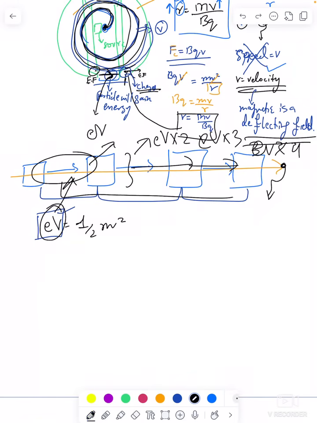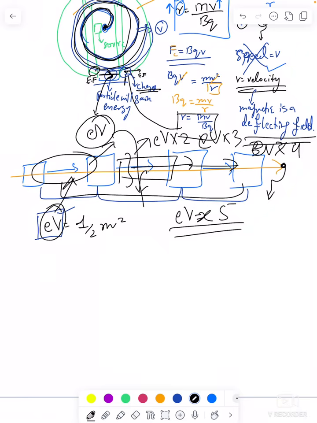If we have 5 tubes, that's eV times 5, and 6 tubes, times 6, because after each tube you interact with that potential difference again. You gain that potential difference, which causes the increase in kinetic energy, or the energy overall.